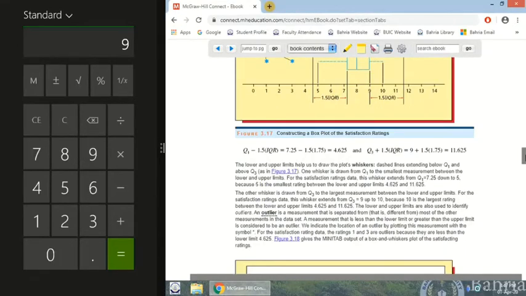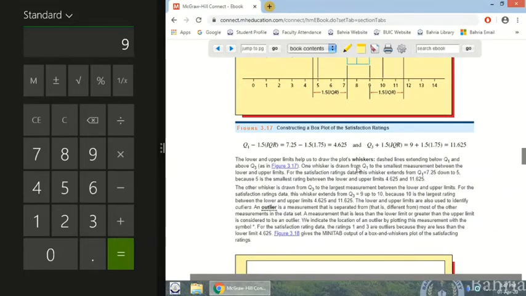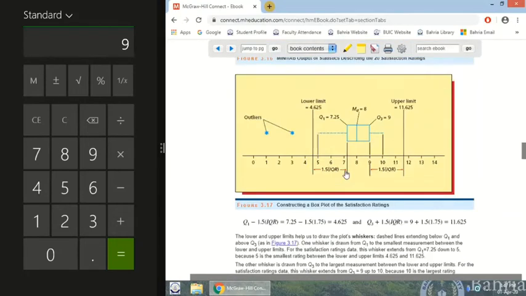This is, or simply the whiskers, it's the dashed lines, okay? Because one value could be 4.625 in this case, and this is just 11. That's the upper limit. So this one limit would be higher than the other limit. So whiskers is basically, on a person's face, it's just the sides.